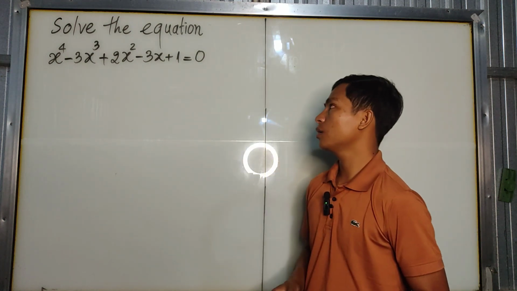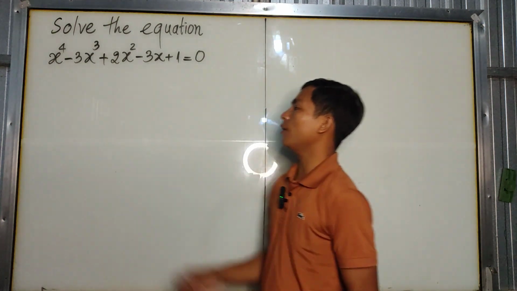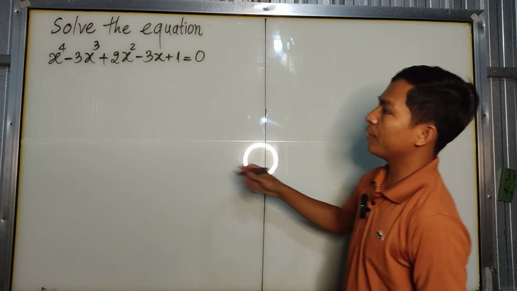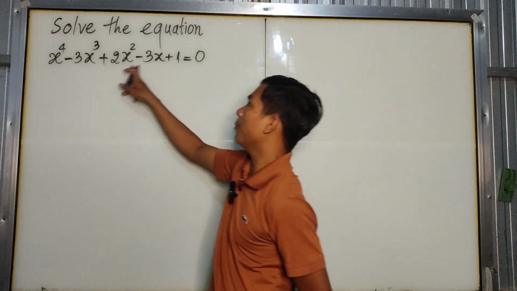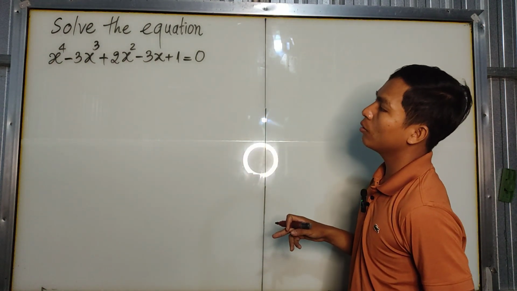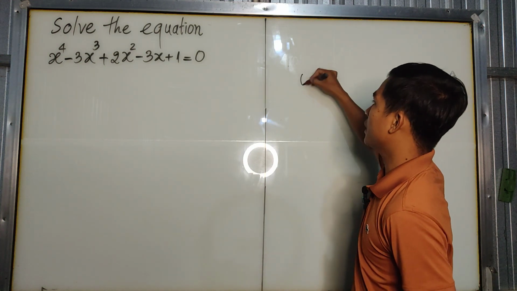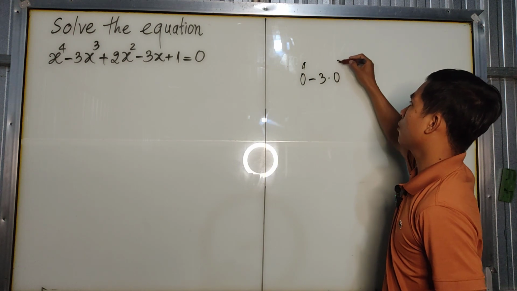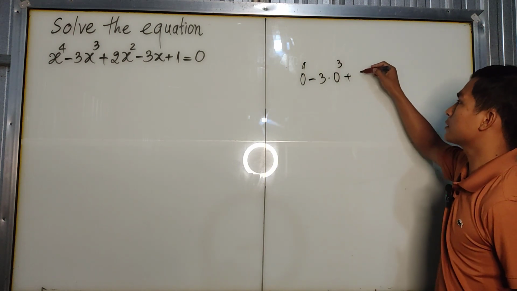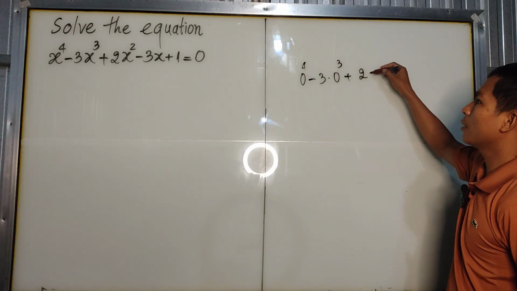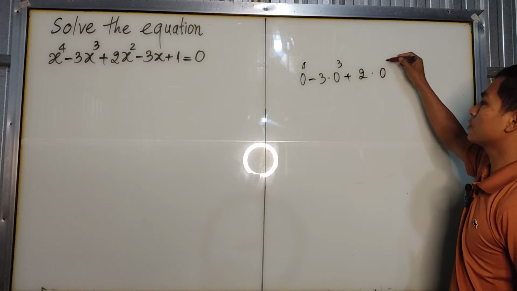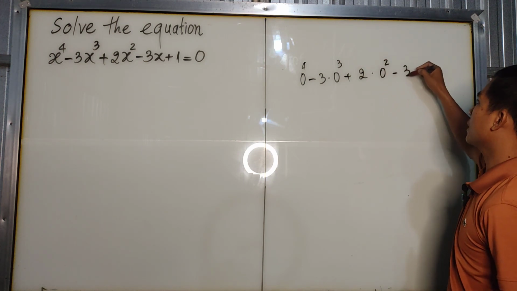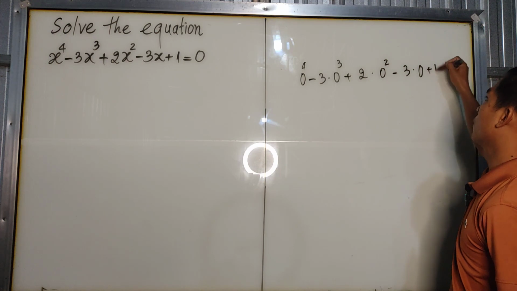Okay, now if we replace x by 0, we get 0 power 4 minus 3 times 0 power 3 plus 2 times 0 squared minus 3 times 0 plus 1.